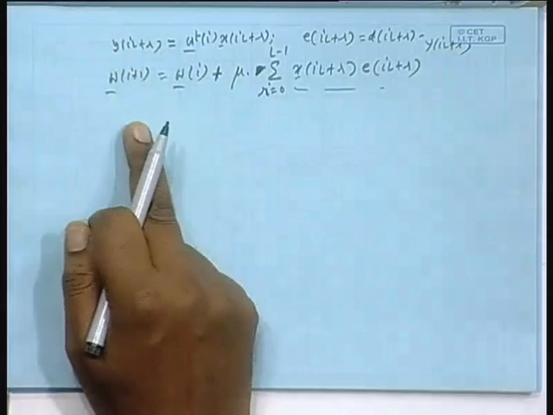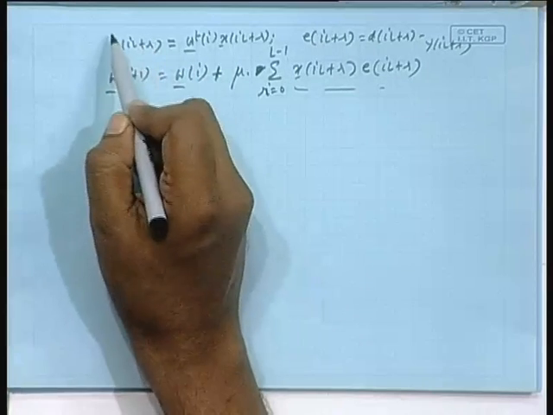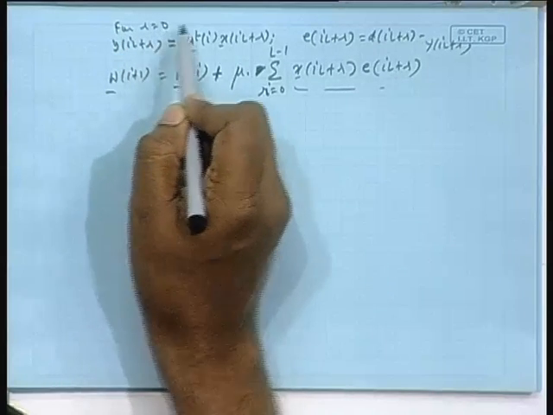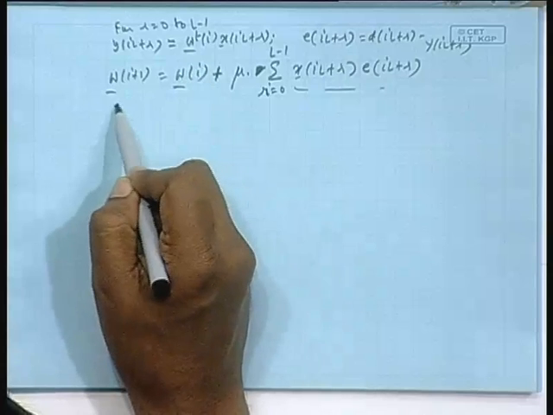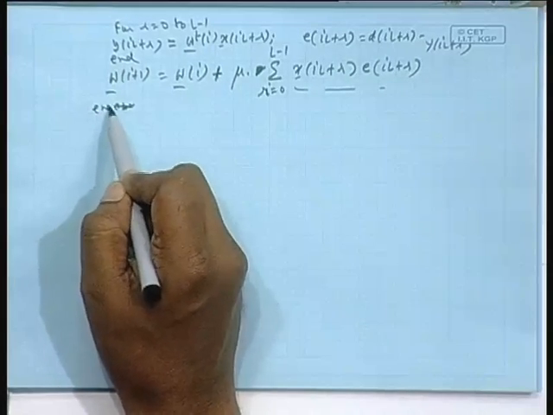For r equal to 0 to L minus 1, this is one loop, this will be the outer loop, this is on i, this part of it.